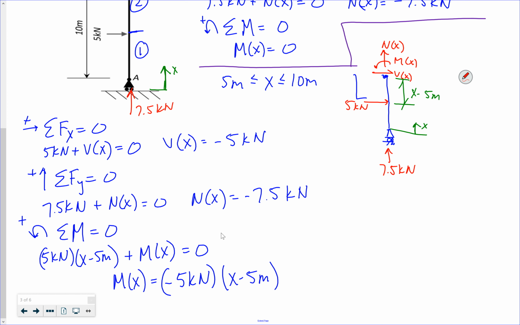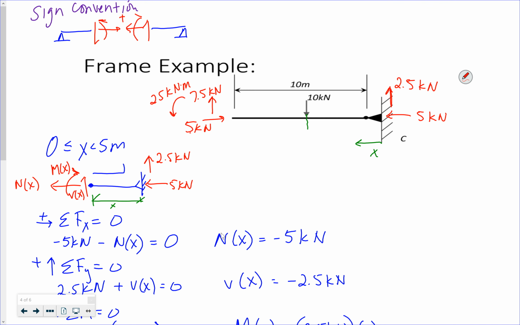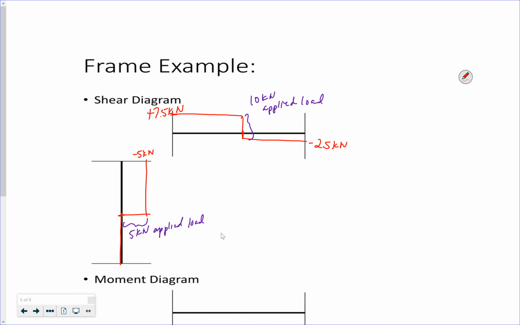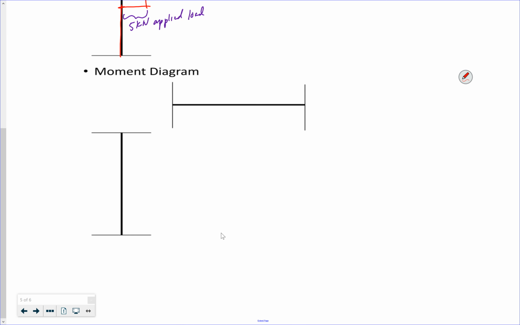So at 5 meters it's 0, and then it increases linearly to negative 25 kilonewton meters. It's a linear relationship.